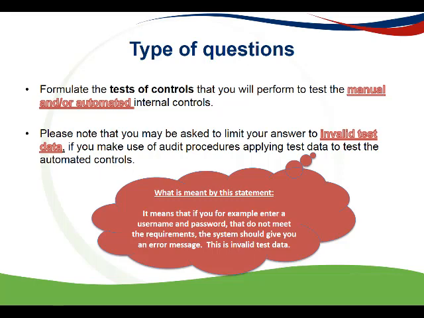When we ask you about automated internal controls, we may ask that you limit your answer to invalid test data. But what is meant by invalid test data? It means that, for example, when you enter a username and password that do not meet the IT requirements, the system should give you an error message. This is invalid test data.